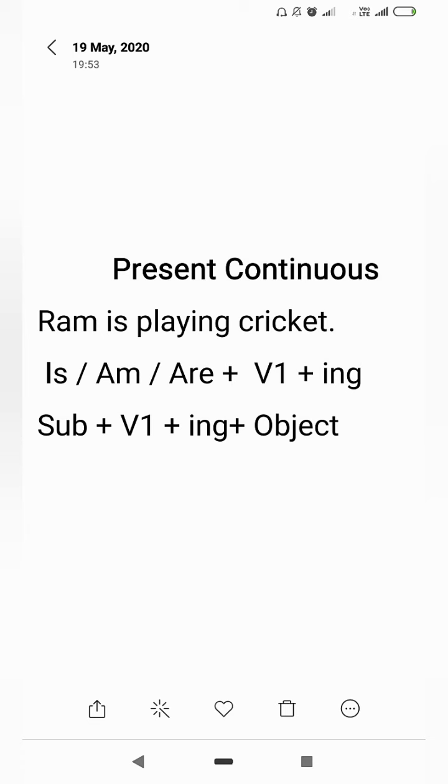If the subject is singular, we have to write is. If the subject is I, we have to write am. If the subject is second person, that is you, or plural, we have to write are, and plus we have to write the ing form of the verb.